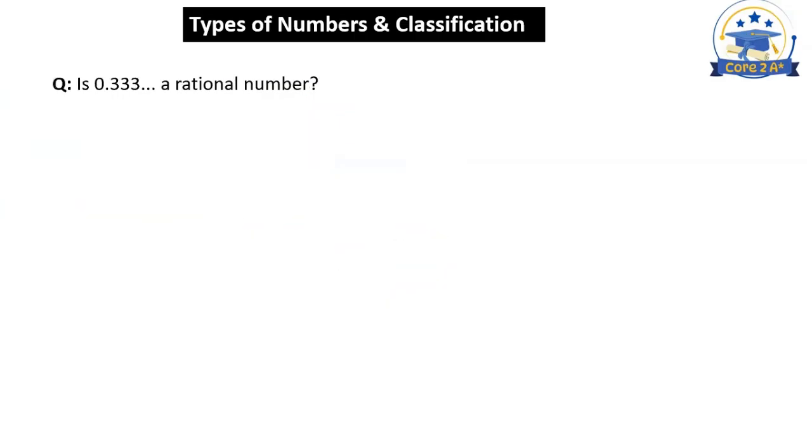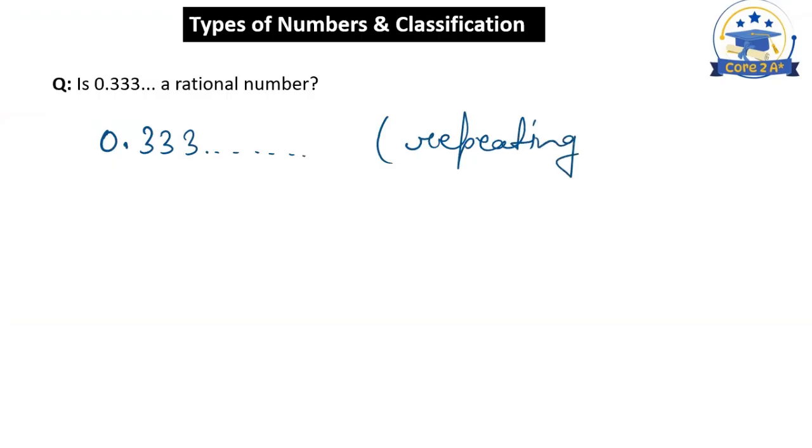Moving to the next. Is 0.333 dot dot dot a rational number, right? So here we have to see what type of number this is. 0.333, it's repeating, right? It's a repeating number. Okay. So in case of repeating, this is a rational number.